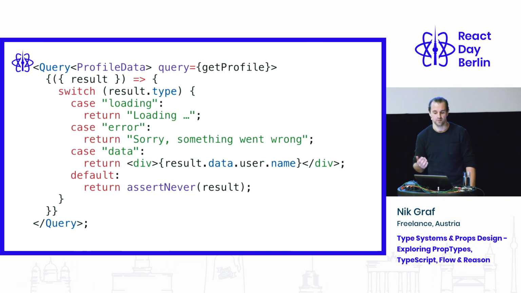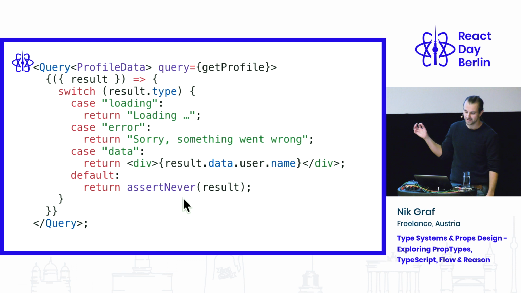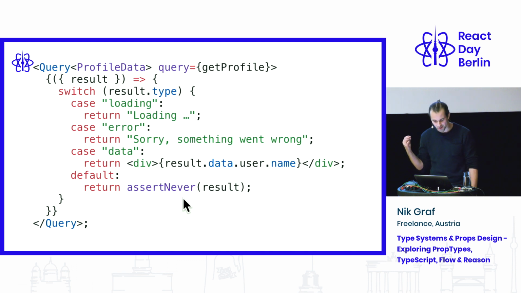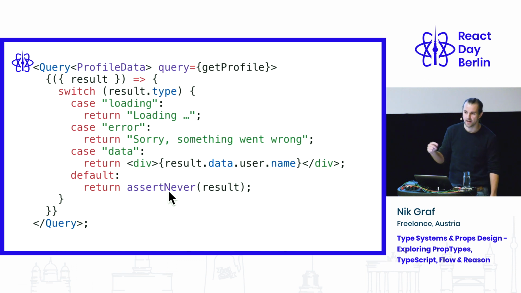So how would a different design look? In the render prop, we can also return simply a result, which in TypeScript is a discriminated union, and then we can check on the type. If it's loading, then we show loading. If it's error, then we show error, and if it's data, then we render the data. The interesting aspect of this, in addition, is that Apollo query is written in TypeScript, so I can do an assert never here and actually check at compile time that this is never happening.